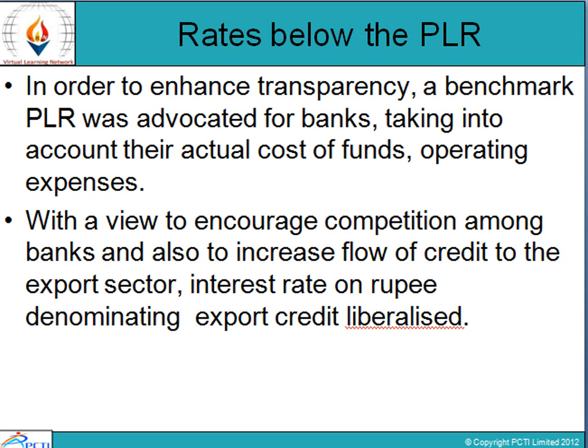Now what is happening is that there is competition among banks, which is also increasing the flow of credit to the export sector. The interest rates on export credit were liberalized. A ceiling rate on rupee export credit was linked to the relevant tenor prime lending rate, which was introduced, and this gave banks the freedom to charge rates below the prescribed rate from May 2001.